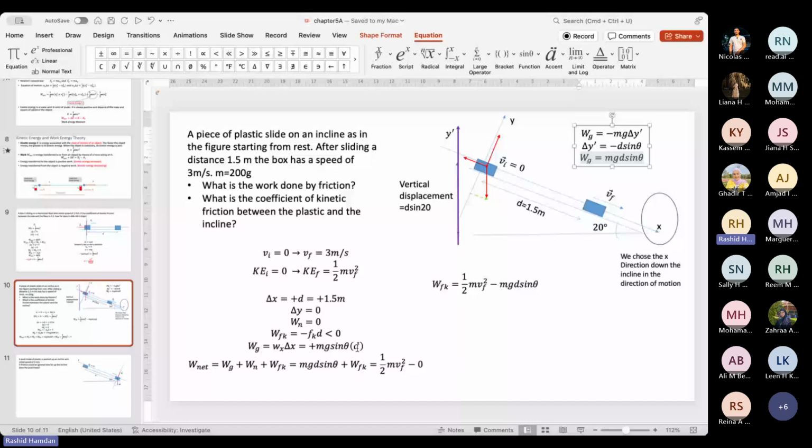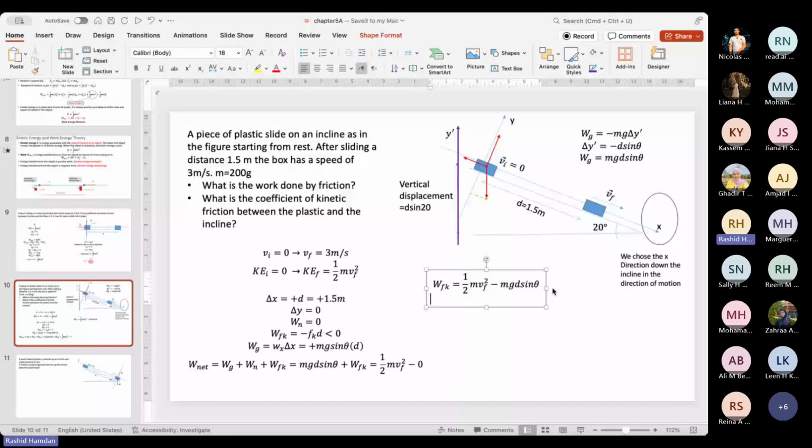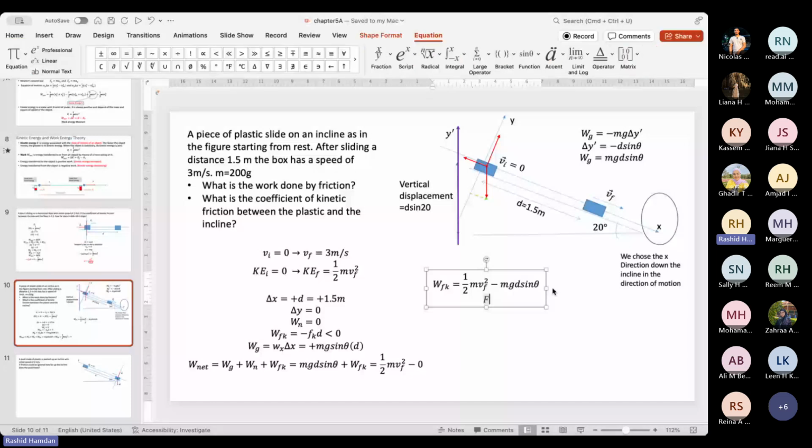Okay. Now, after I got the work done by friction, I can find the force of friction. So if I want to find friction itself, or the coefficient of friction, first let's find the friction. So we'll replace minus fk d equal to this term all together, and I can divide by d both sides.